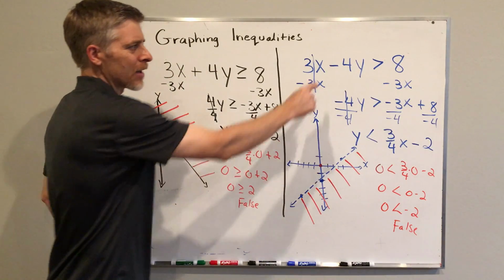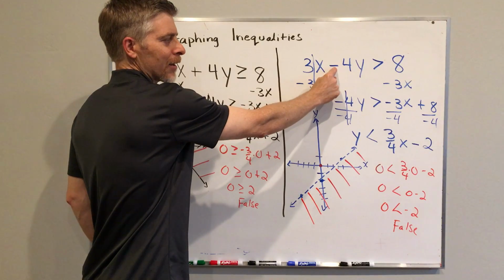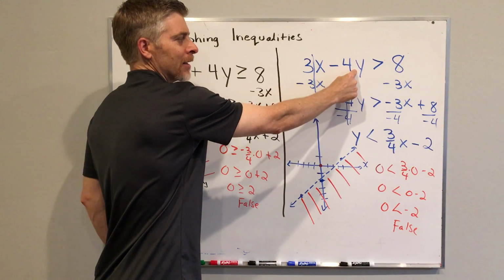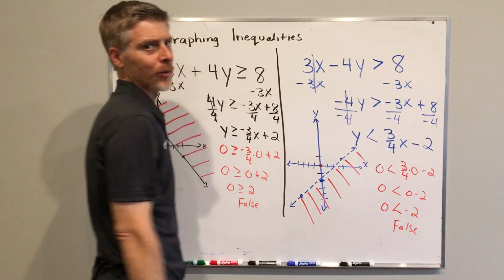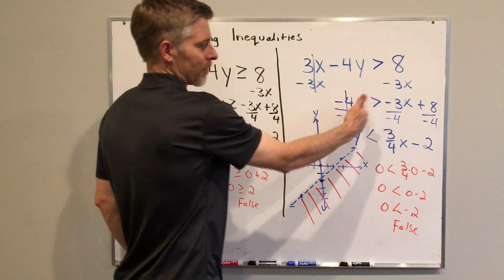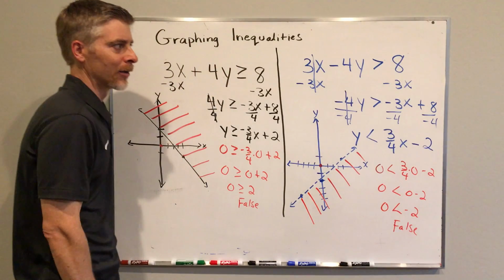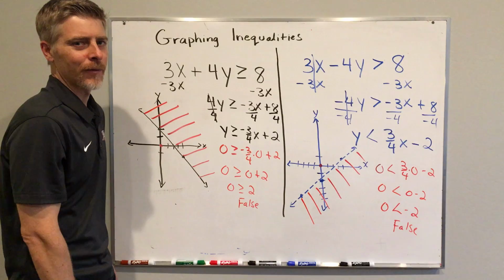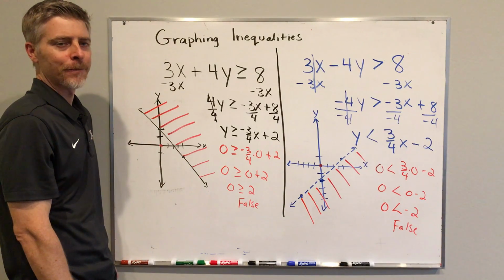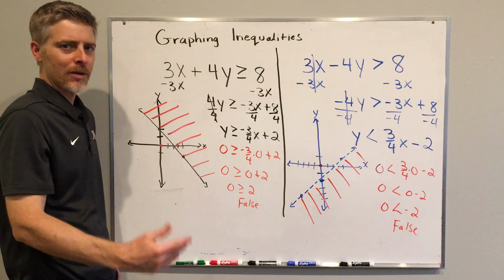A dead giveaway is when you've got a negative sign on the y. Somewhere in the problem you're going to divide by a negative to get rid of that negative, and that's what's going to flip the arrow. So if you get good at these, you can just tell before you even start if it's going to be one where you flip the arrow. All right, good luck with those exercises.